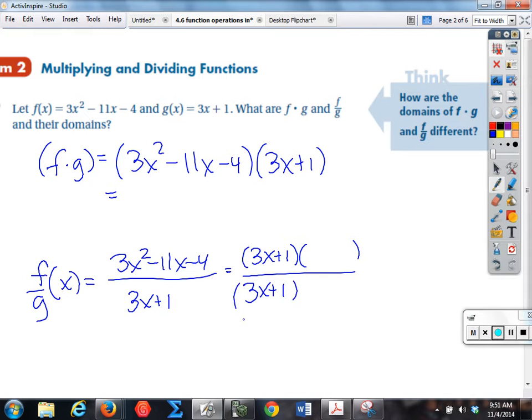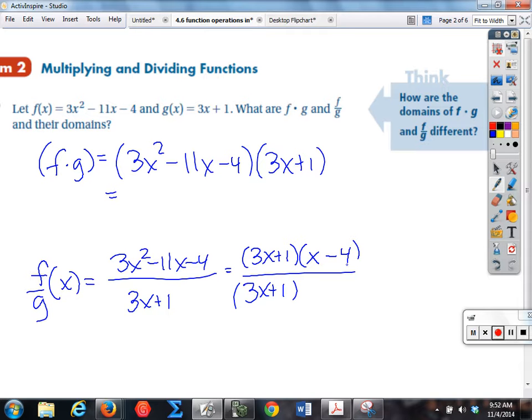So if 3x plus 1 were a factor on the top, what would this first term have to be in order to get 3x squared? x, so I get 3x squared. And then if this is a 1, what does this have to be in order to go with that? Yeah, the last two have to multiply to negative 12. So negative 4.